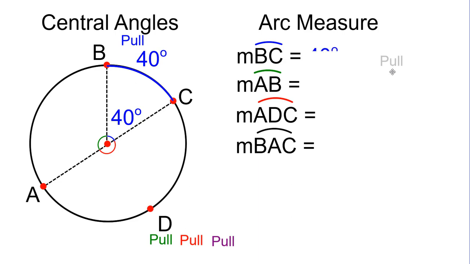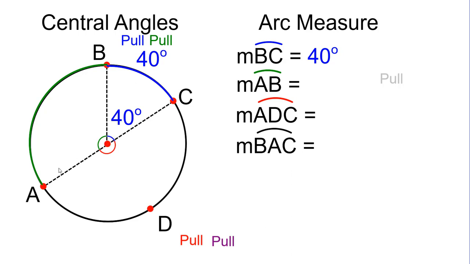So if the central angle is 40 degrees, then we know the measurement of arc BC is also 40 degrees. If we want to find the measurement of arc AB, the shortest distance from A to B is going to be this part here. That's going to be the minor arc. The measurement of that, we're going to be able to figure out by looking at its central angle. Well, if you look at AC, this is a diameter. It's a special chord that goes through the center point, right?